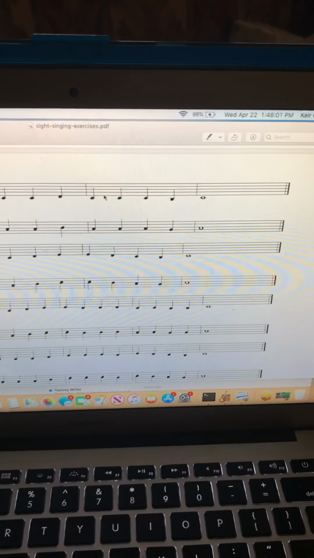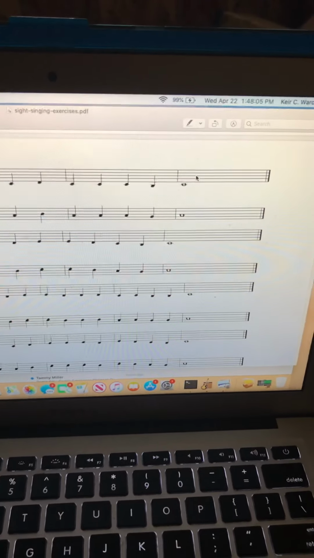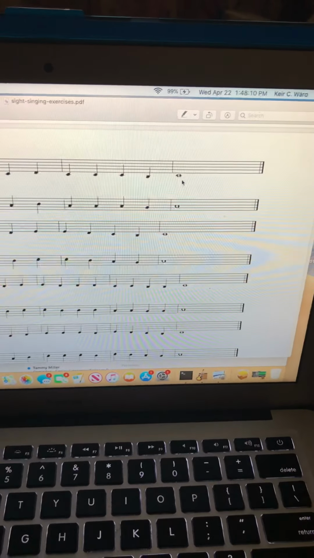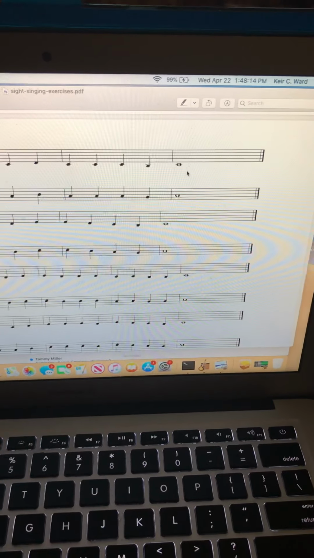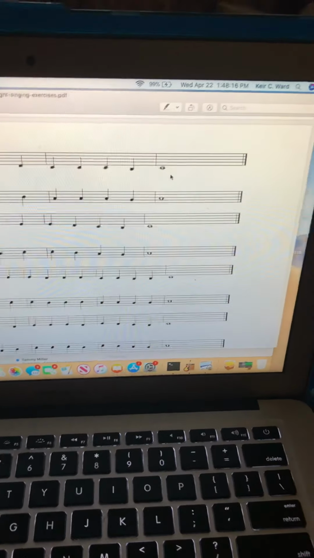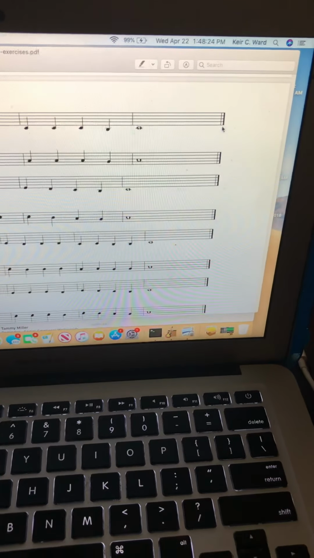Then you go to the next measure, which also has 4 beats, and then the next measure, which has a whole note, and a whole note receives 4 beats, as we learned in the last recording. Then the exercise ends with the double bar line. That's how you know it's the end.